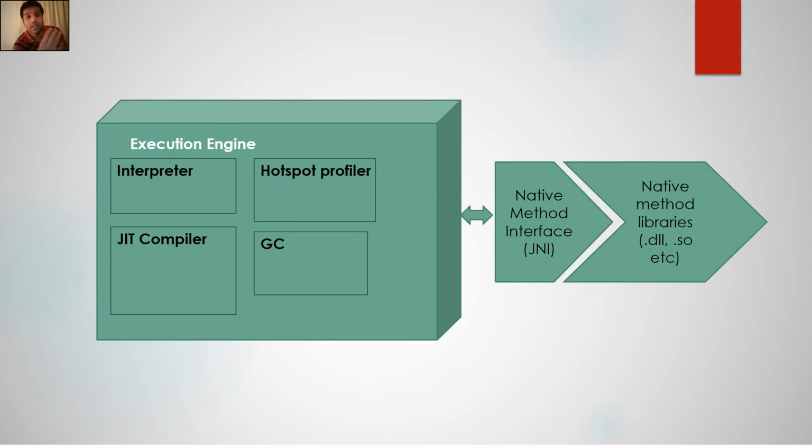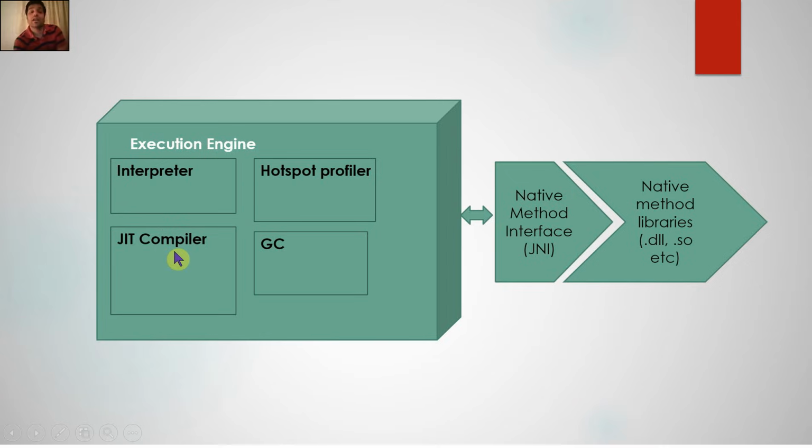If you look at the JRE bin folder on Windows, you'll see a lot of .dll files. Those are the platform-specific native libraries used by the execution engine. And on a Unix or Linux system, you would see .so or .a type of modules in the JRE bin folder, which is the native library.